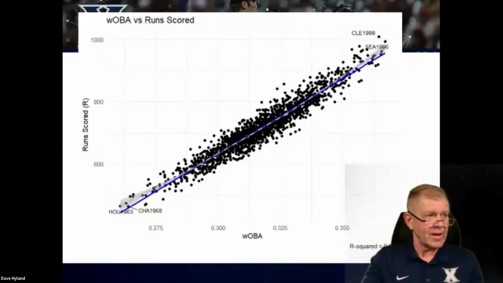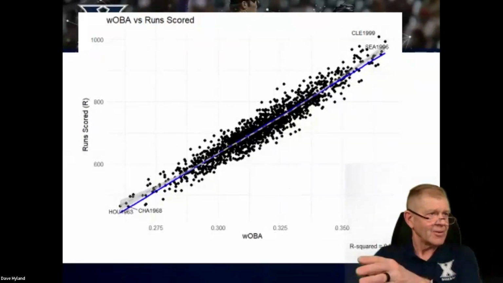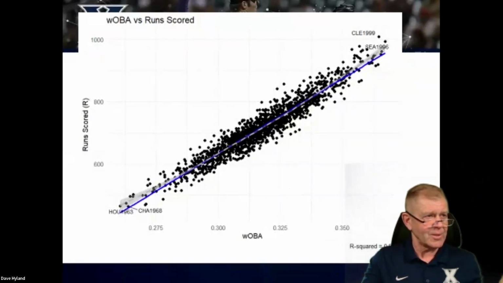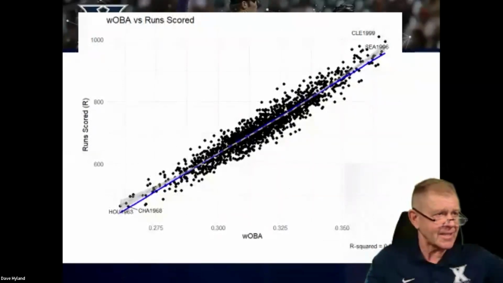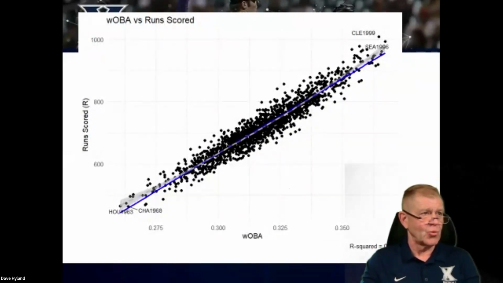I also like the plus statistics because they put everything on a scale. Anything above 100, I know, is above league average. Anything below is below. So weighted runs created plus is a great stat. Think about that numerator of WOBA, that's one of the early steps in getting to weighted runs created plus. So, definitely a good stat.